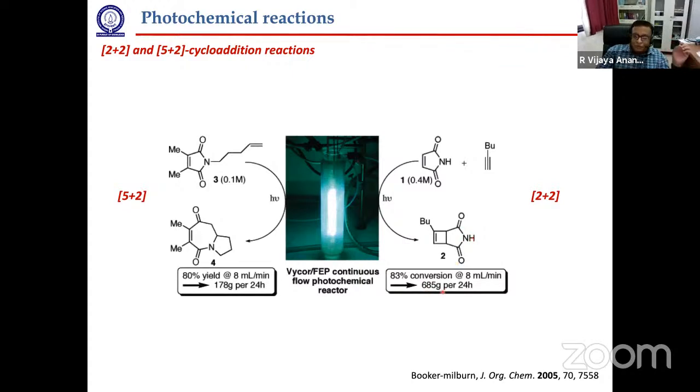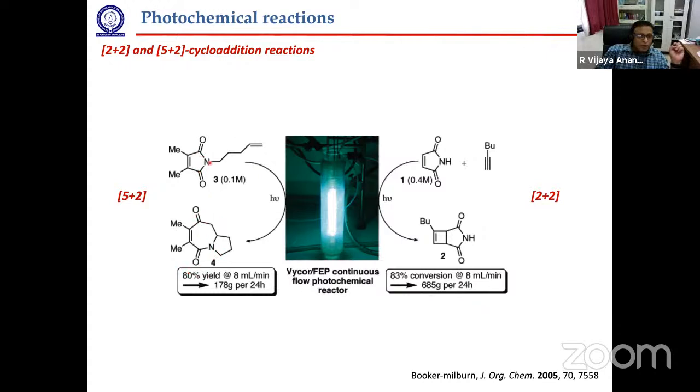Suppose if you want to make around 700 grams of the product, you have to spend almost 2-3 weeks if you want to do it on small scale in the lab, in the batch process. But in continuous process, you can just scale it up to at least 600-700 grams in 24 hours. That is very good. Similarly, this is 5+2 cycloaddition.